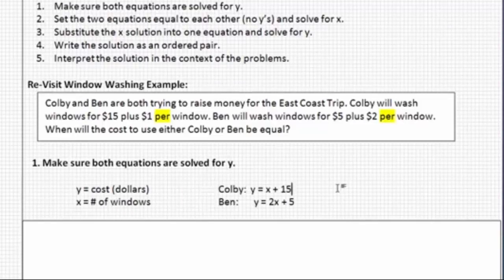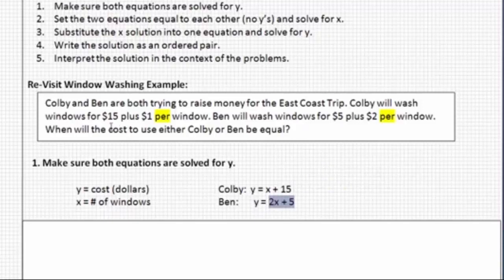So they're both in the y equals form, y equals and y equals. What this is mathematically saying is that this expression, x plus 15, is equal to some value y. Here we're saying 2x plus 5, this expression, is equal to some value y.